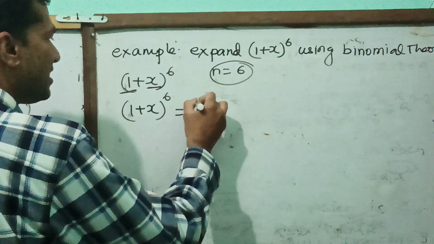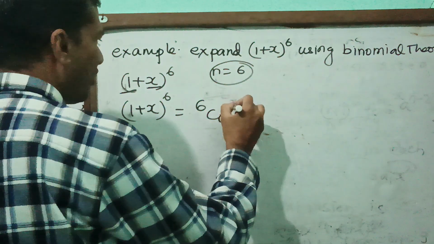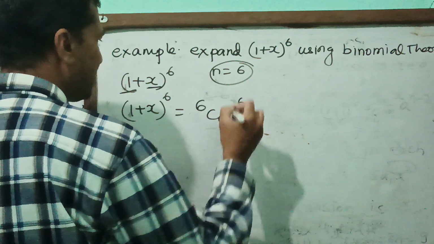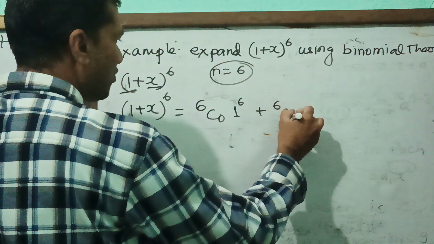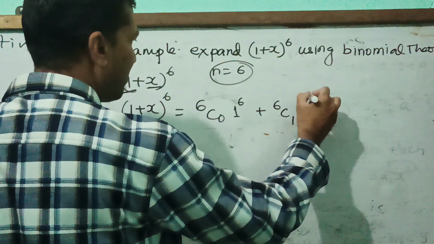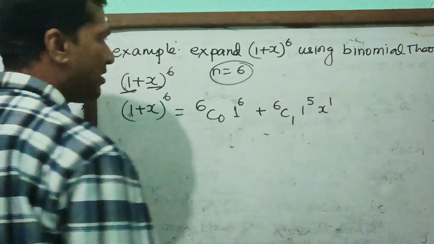the first term is 6C0, 1 to the power 6. Second term is 6C1, 1 to the power 5, and x to the power 1.